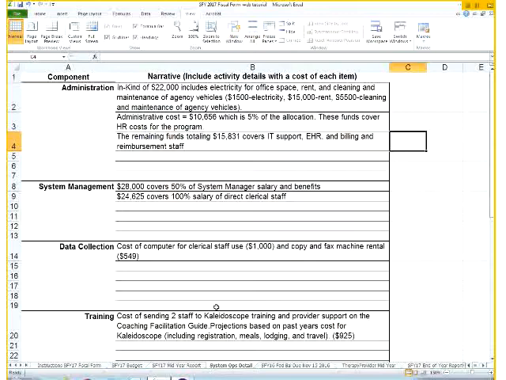So under system management here, you want to capture the percentage of the local system manager's salary and benefits that goes directly to being the LSM.